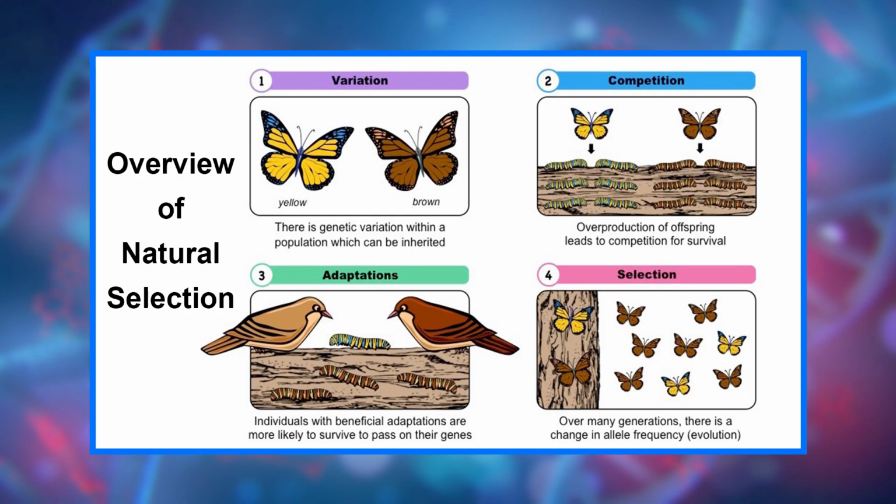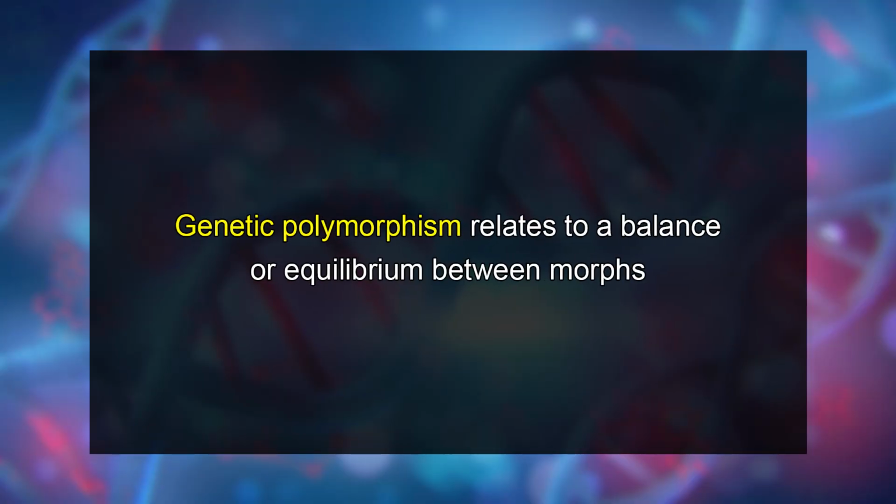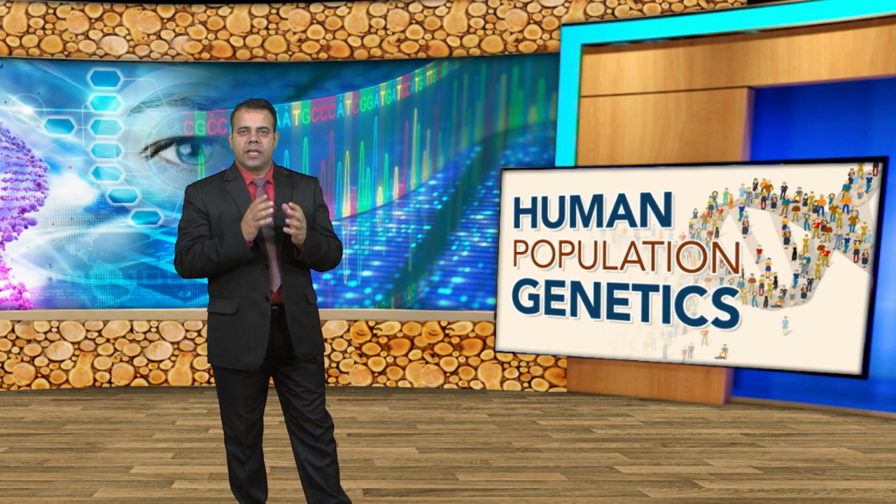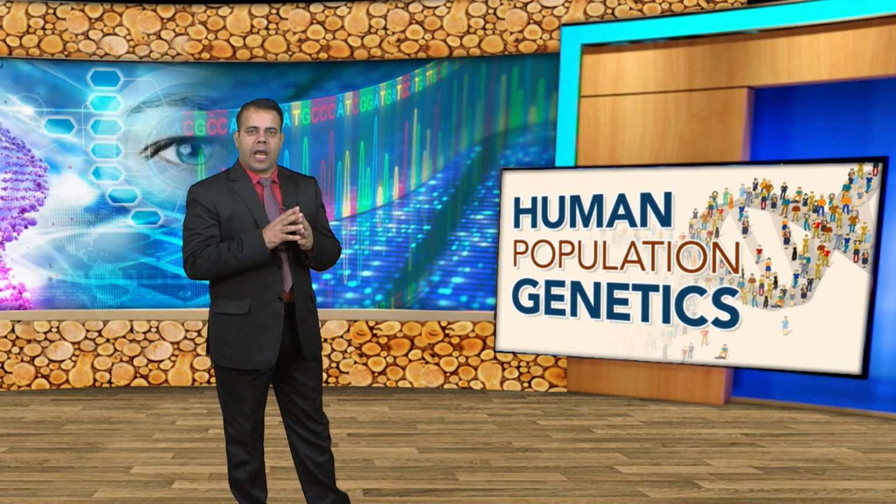Genetic polymorphism is actively and steadily maintained in populations by natural selection, in contrast to transient polymorphism, where a form is progressively replaced by another. Genetic polymorphism relates to a balance or equilibrium between morphs or forms. The mechanisms that conserve it are types of balancing selection.